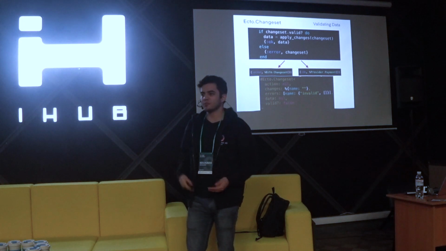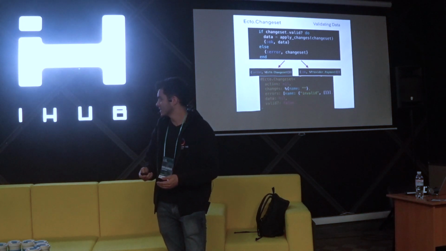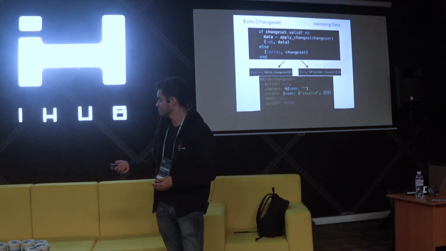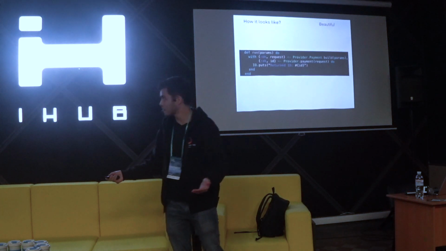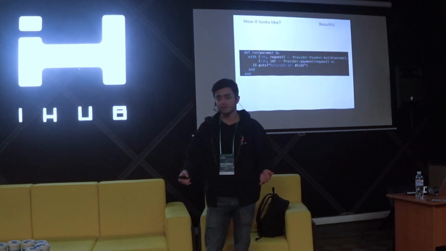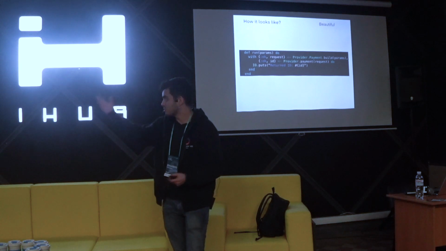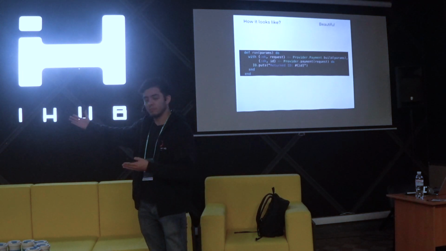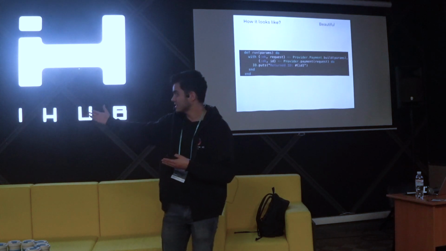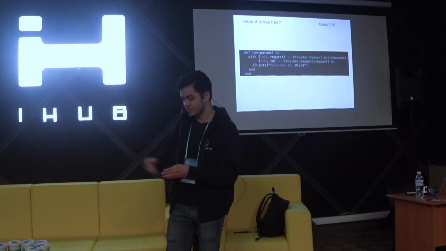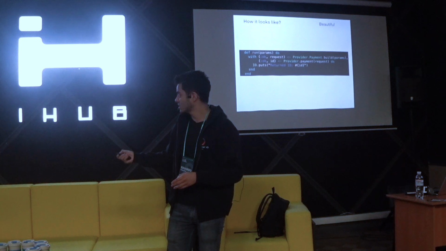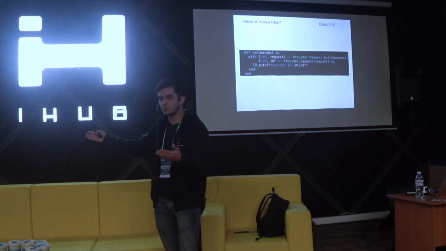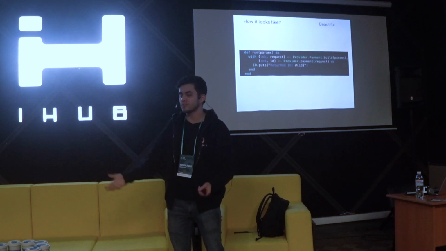So if you follow this kind of pattern in your projects, your code can look something like this. You can just have a run function that receives some params, and you can say, build my request, please. If everything is okay, just make, I don't know, an HTTP call or send the information to the third party.